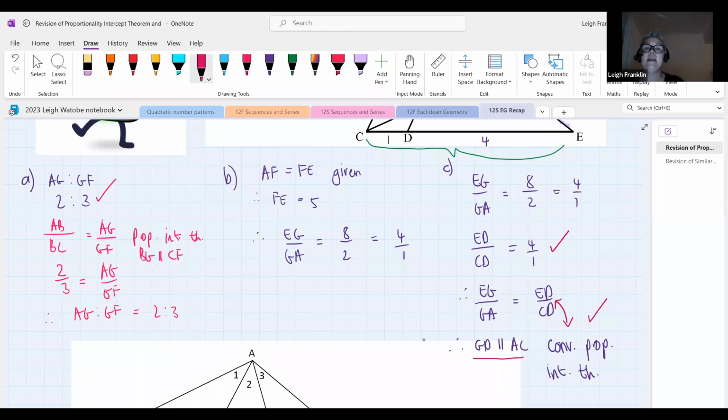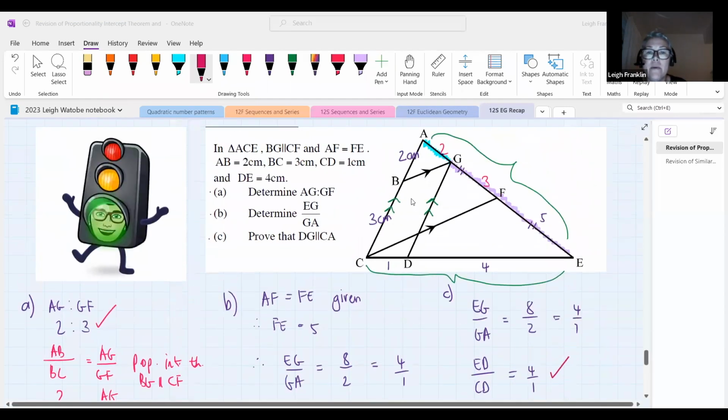Okay, now Pinga, let me just see what you're saying. Can we do CD over CE? Yes, absolutely. There are so many variations that you can make here, Pinga. We're just working with the most obvious one, also because we worked out in the previous question what EG over GA was.